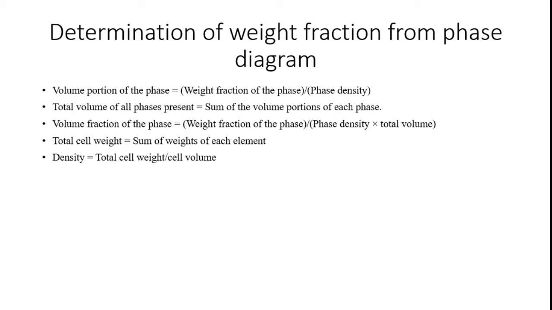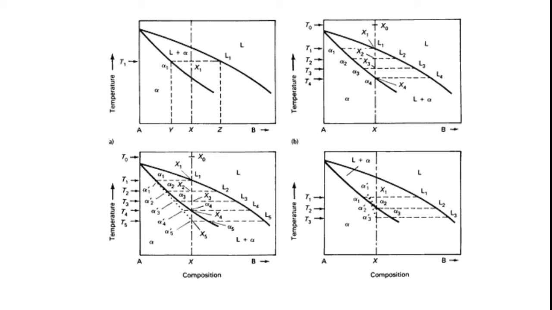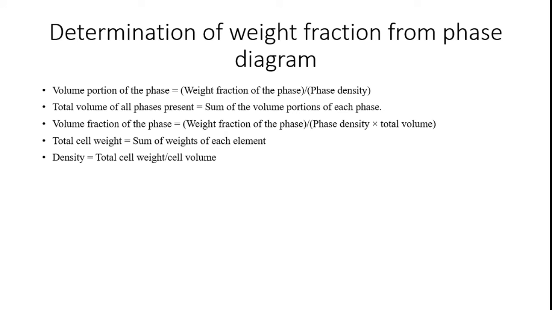So now you are aware of how we can read the diagram, and what the other formulas are that we can utilize to determine weight fraction from a phase diagram, which is also important. In order to relate the weight fraction of a phase present in an alloy specimen, as determined from a phase diagram, to its two-dimensional appearance, because this diagram can be represented in two dimensions, from this also we can calculate the weight fraction from the phase diagram.